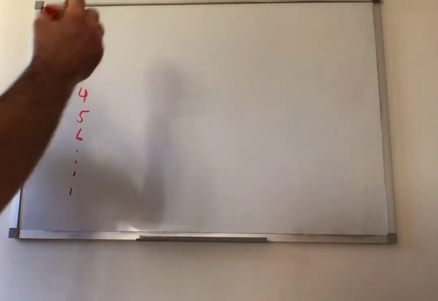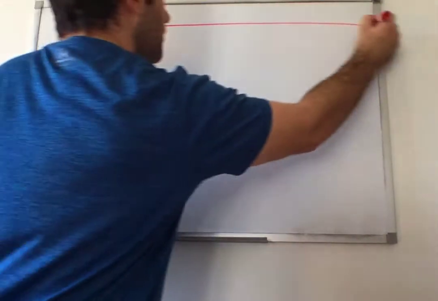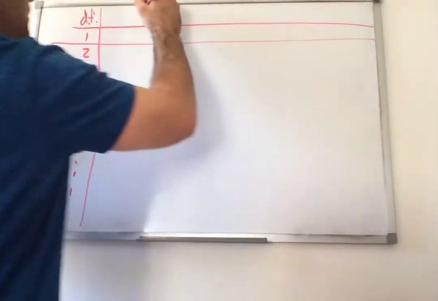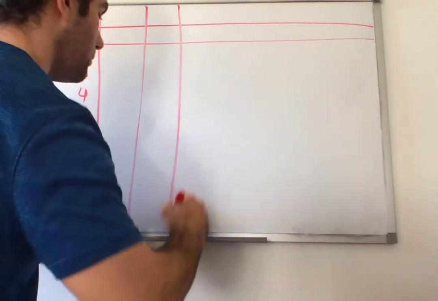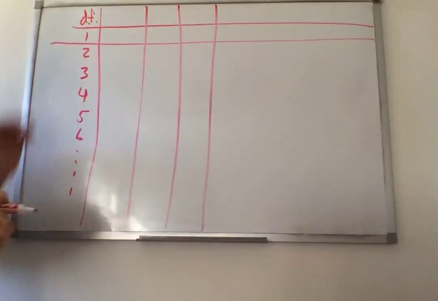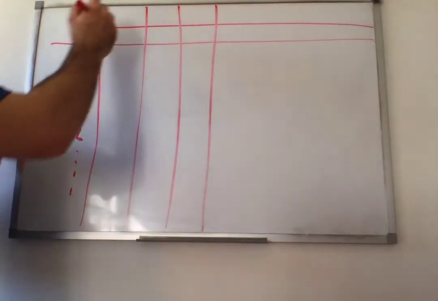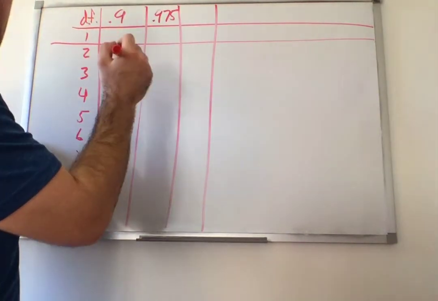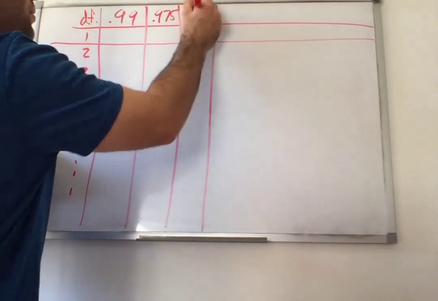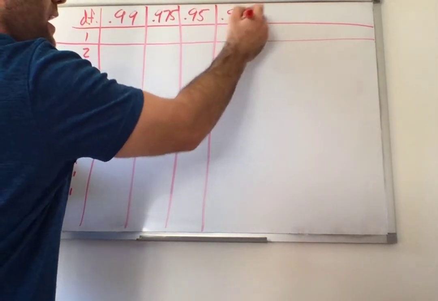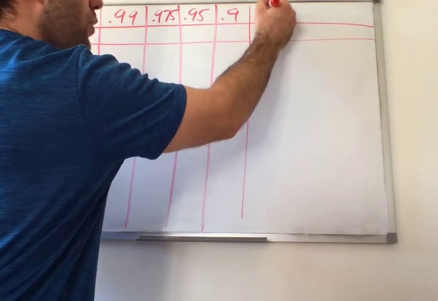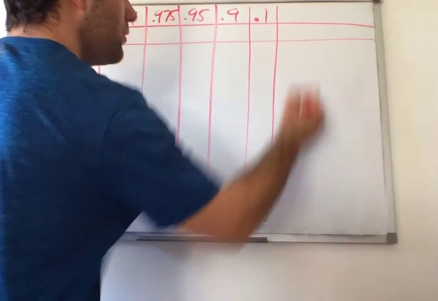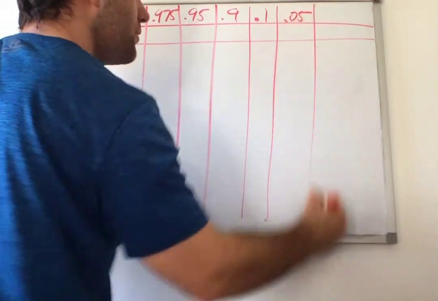Now, in the columns up here, you see 0.99, 0.975, 0.95, 0.9, and then it goes 0.1, 0.05, and so on.